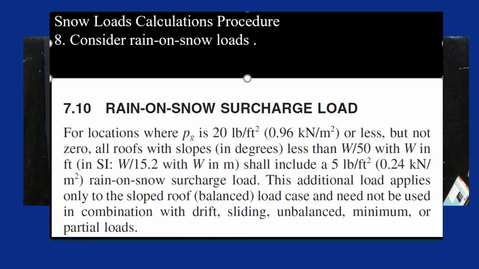So we go look at the spec. The spec right here says, for locations where pg is 20 pounds per square foot or 0.96 kilonewtons per meter squared or less, but not 0, all roofs with a slope in degrees less than W divided by 50, with W being in feet, and they give you the SI formula also, shall include an additional 5 pounds.